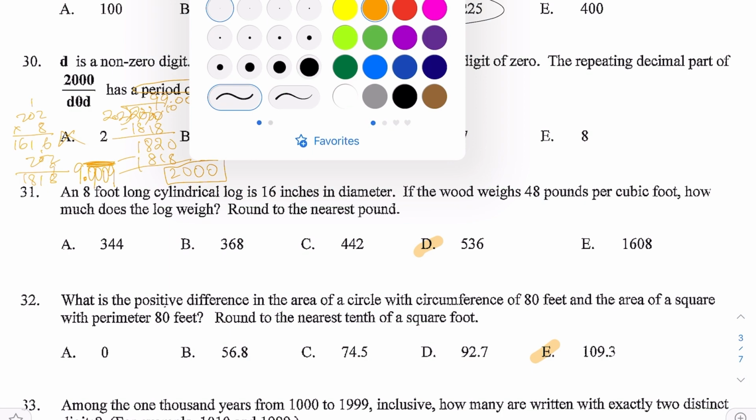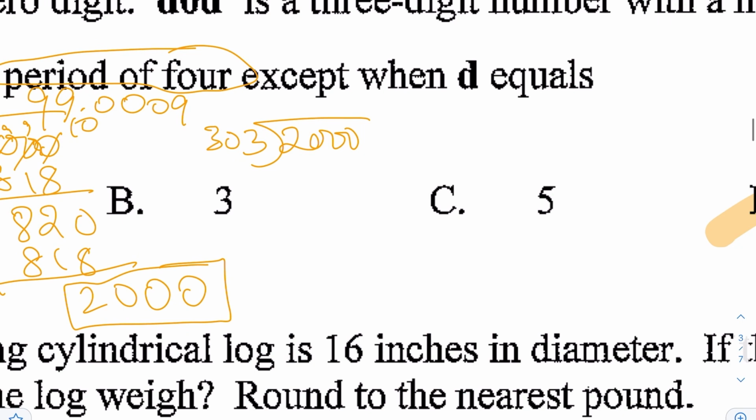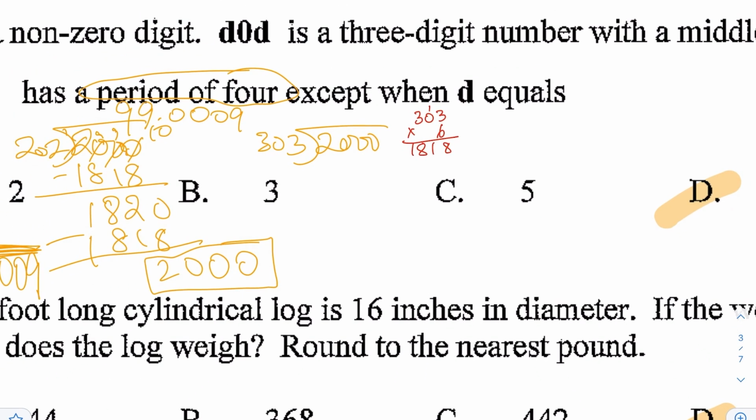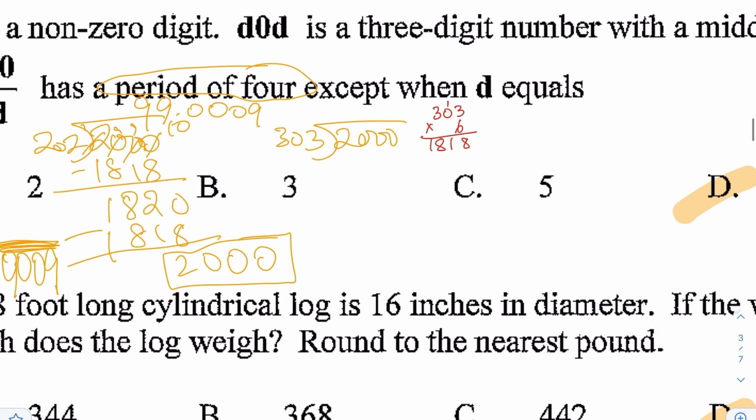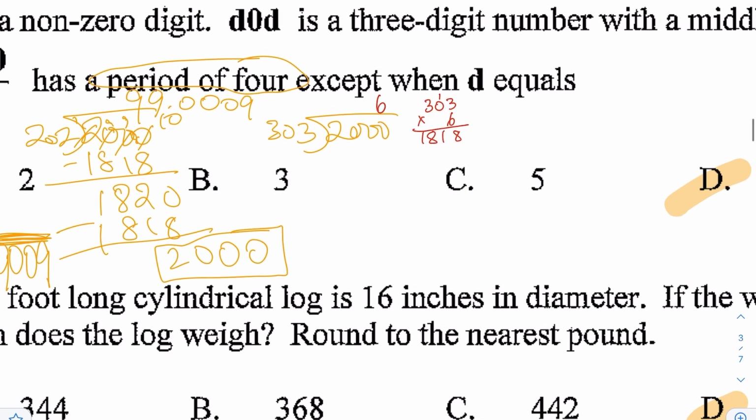All right, so go to the next one and just do 303. So again, you would just have to estimate here. So you multiply by 6. You see another 1818. All right, so you see the same deal here, but with just 6.6006.